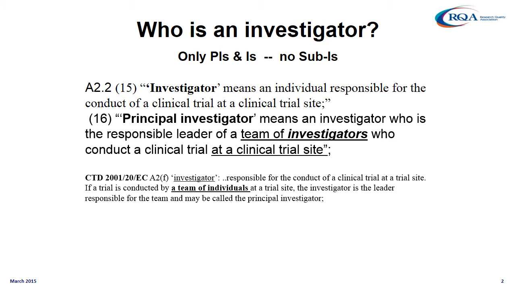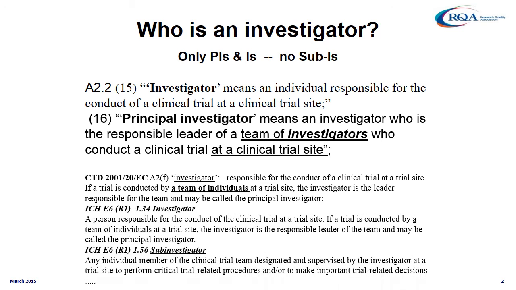Well, in the previous Clinical Trials Directive, the investigator was the same, doing the conduct of the trial. But if the trial is conducted by a team of individuals at the site, the investigator is a leader responsible for that team and is called the principal investigator. And in ICH GCP, exactly the same. It's a team of individuals and the principal investigator is the leader.